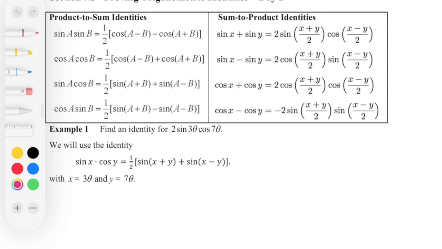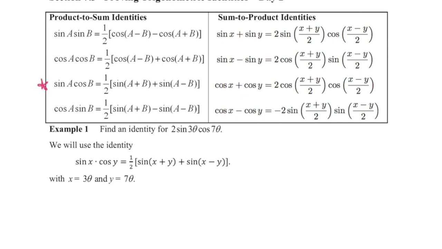It's asking us to find an identity for 2 times sine of 3 theta times cosine of 7 theta. So I'm taking sine times cosine. So I'm going to utilize the third option here since I have sine times cosine, where I'm going to let x, or a, be the 3 theta, as well as y, or b, be 7 theta.